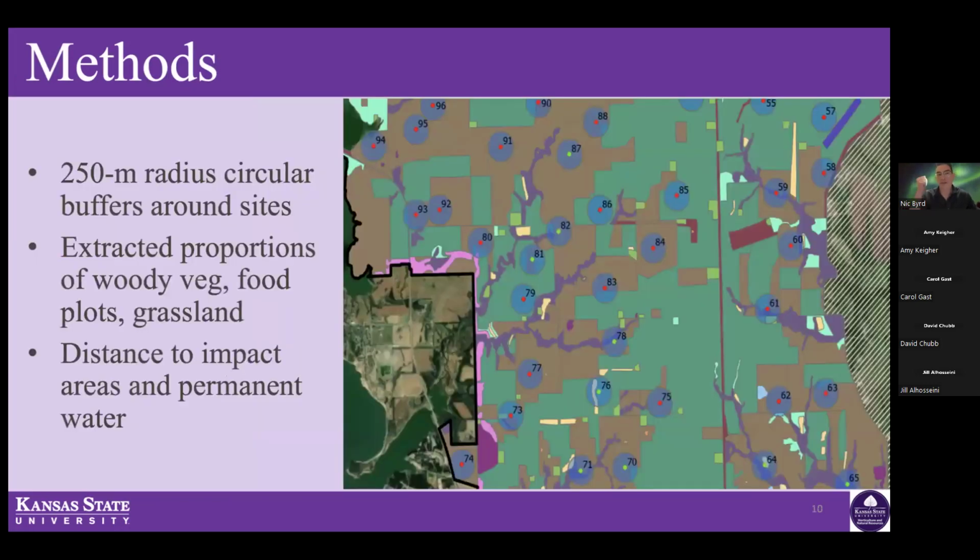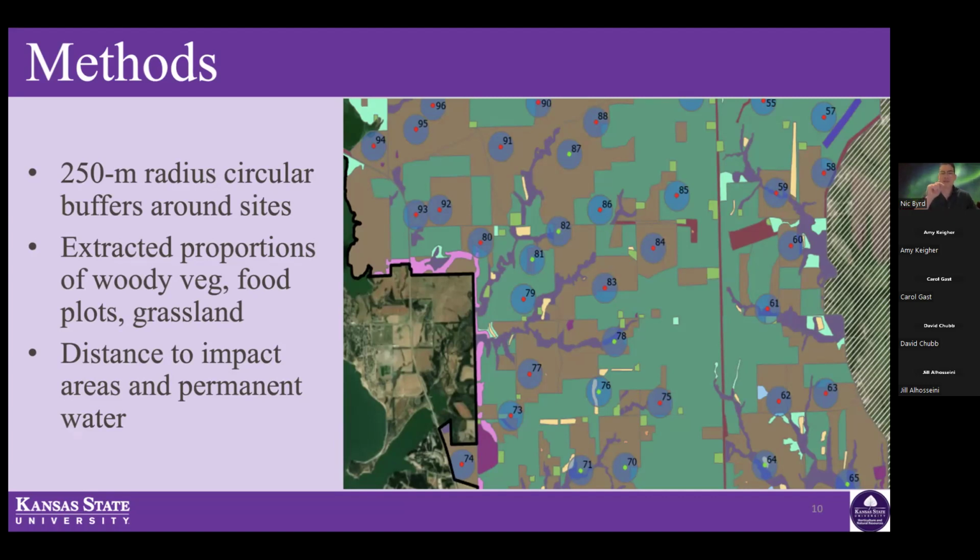For land cover data, we were able to gather land cover data from the Kansas Biological Survey out of Kansas University. And we had created a 250-meter radius circular buffer centered on each one of our sites. We chose this metric because it was consistent and comparable to previous studies for habitat use for elk. And from our buffers, we were able to extract proportions of woody vegetation, food plots, and grassland.